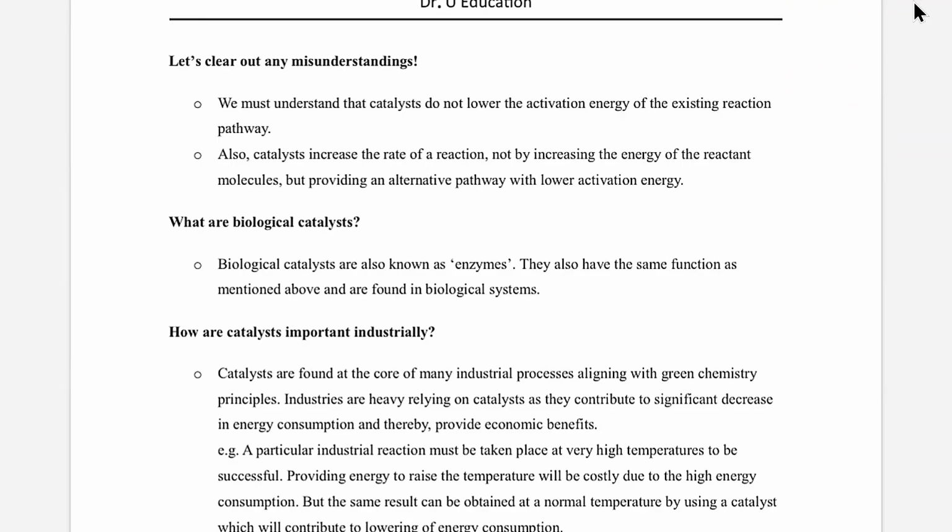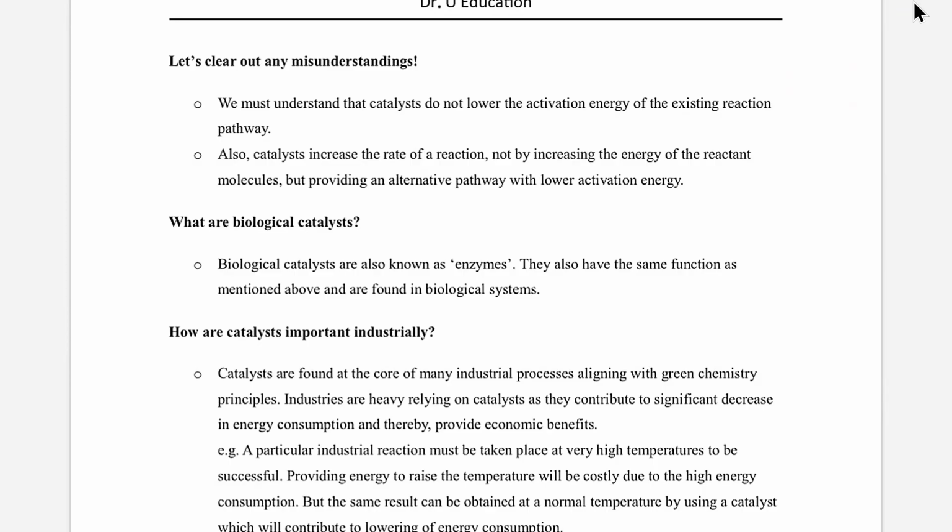It's a different pathway. So it is not existing, it's a new pathway.